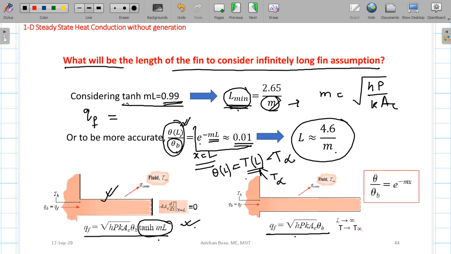That will definitely give a larger length of L, but it will satisfy the temperature condition closely.